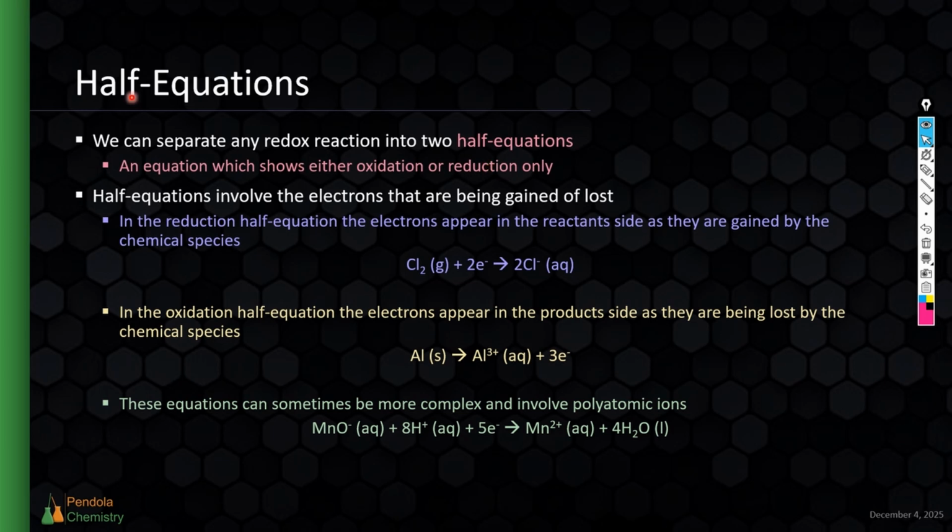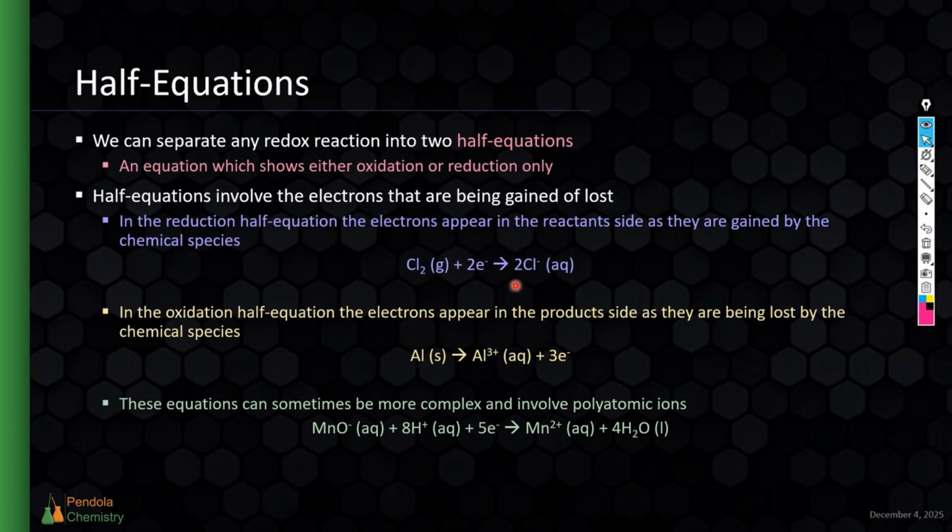Now, the difference between a half equation and a regular chemical reaction equation is that when we do a half equation, we are showing electrons. So, in the reduction half equation, because reduction is the gain of electrons, the electrons are going to act like reactants.